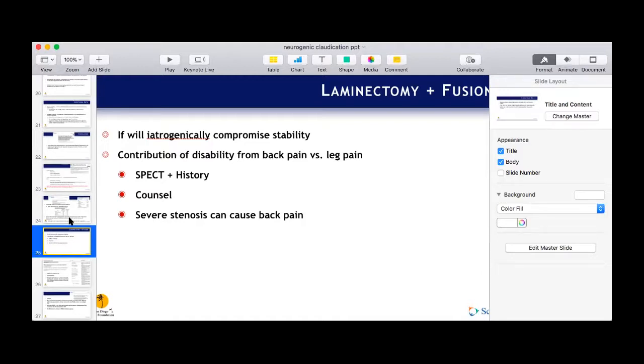But otherwise, excellent. Oh, and then one other comment with decompressions, and you talked about the unilateral, and the other faculty can weigh in. I think that you have to be a little bit selective about when you do that based on anatomy. The interpedicular distance and the depth of the wound play some role in that.